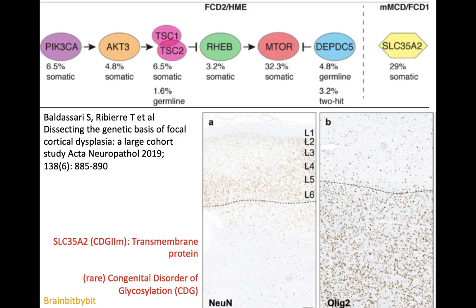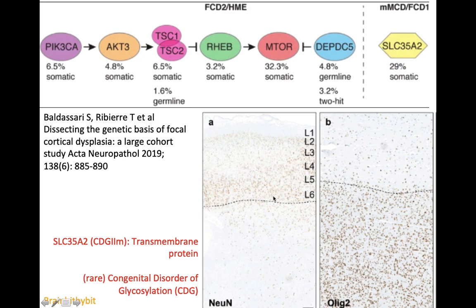And when I talked about the focal cortical dysplasia and the background, I mentioned that in focal cortical dysplasia type 2 there's a problem with the mTOR pathway. And in focal cortical dysplasia type 1, there's often another underlying mutation, often in a gene that encodes for a galactose transporter, a transmembrane protein, previously called congenital disorder of glycosylation CDG2M, and now called SLC35A2, which is a very difficult to remember name.